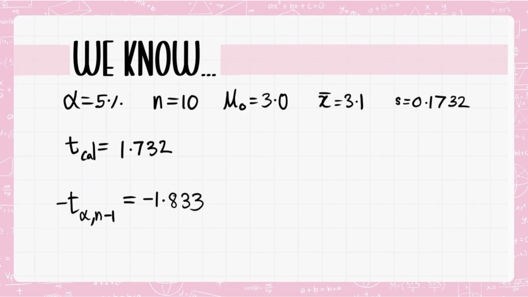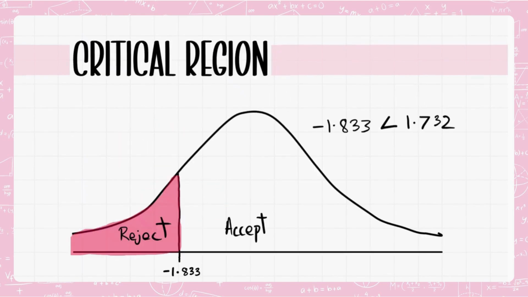So now the next step is to compare this with this. So this is the diagram for T distribution. Here this line represents your critical value, which is minus 1.833. We just found that earlier. And now we need to find where your T calculated value here, which is 1.732, is in this diagram. If it's on the rejection side, we reject your null hypothesis, which is H0.